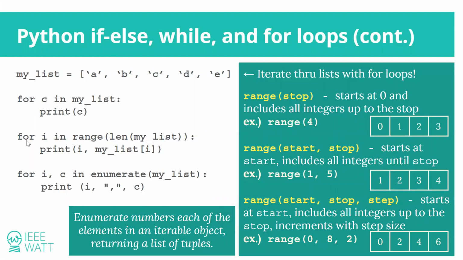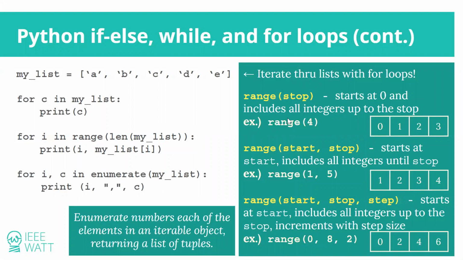But you don't have to just do it for every single element in a set. You can also do it over a range of values. For i in range of something means that it starts at 0 and includes all integers up to, but not including, the stop.